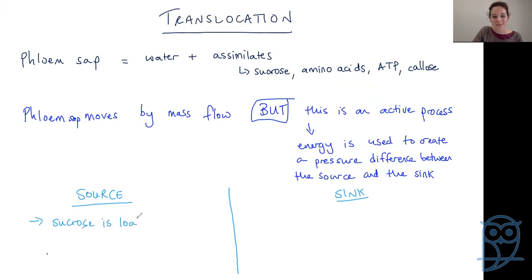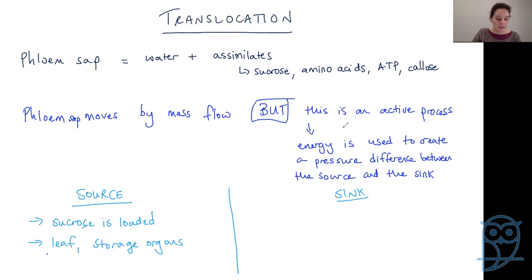So we're already in that simplification. Okay, these are your leaves, your storage organs. Anywhere where sucrose is produced or released is somewhere where it can become a source.